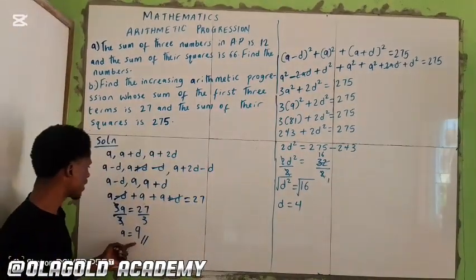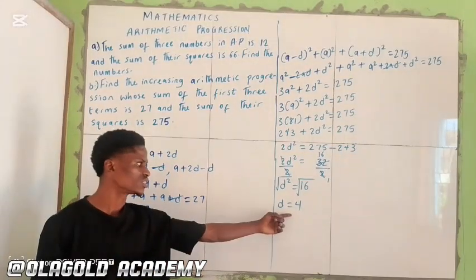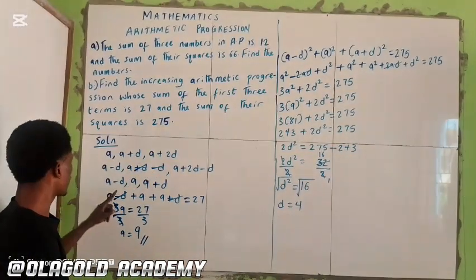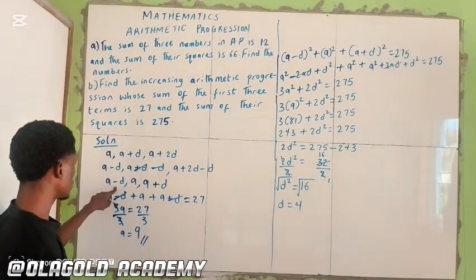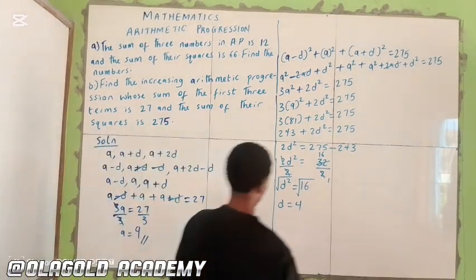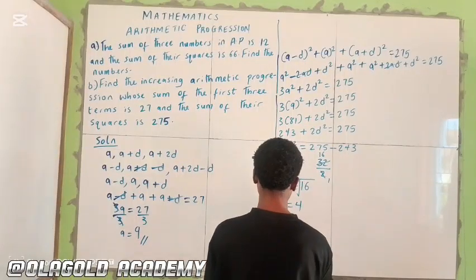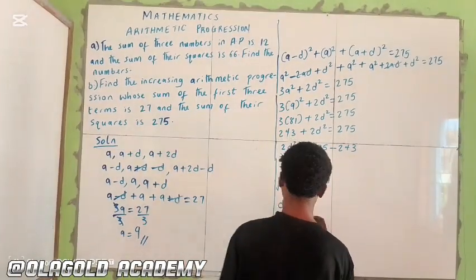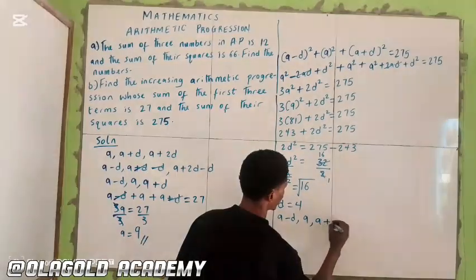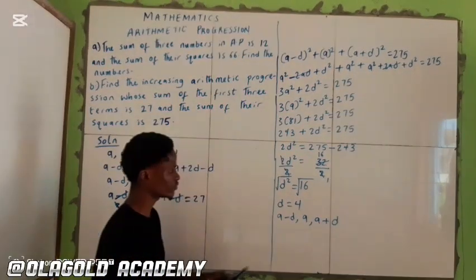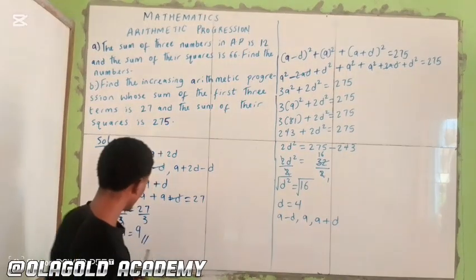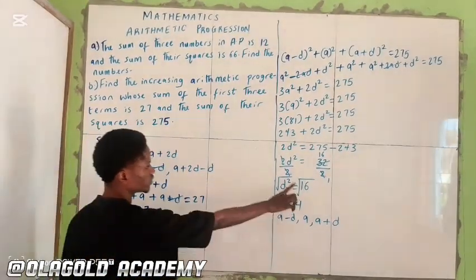So my a is 9, my d is 4. With that being done, my first term is a minus d, second term is a, third term is a plus d. My a is 9, my d is 4.